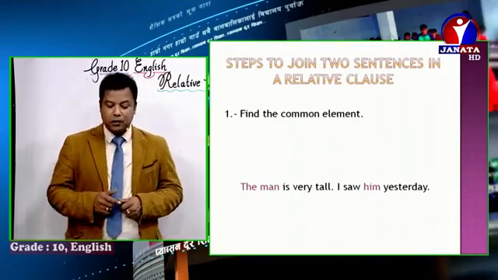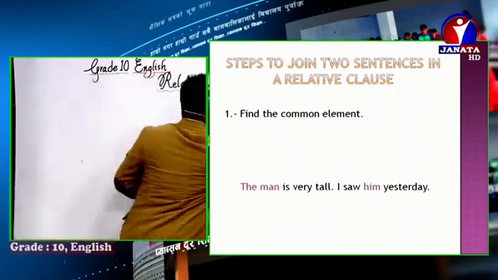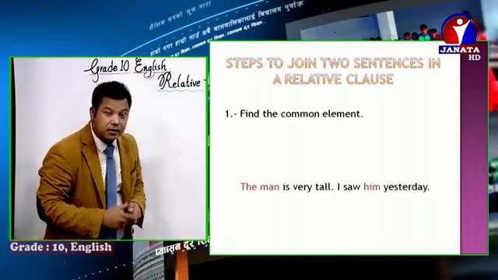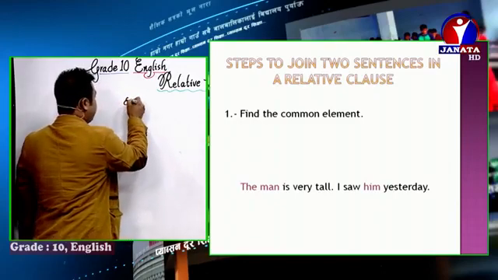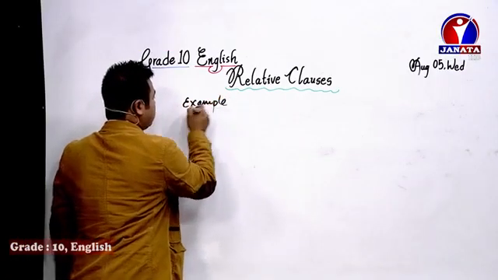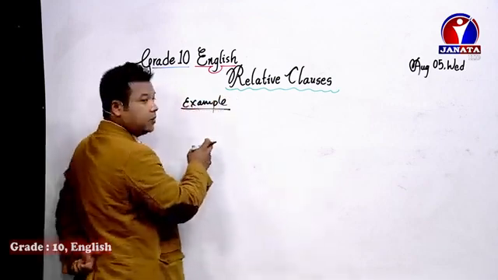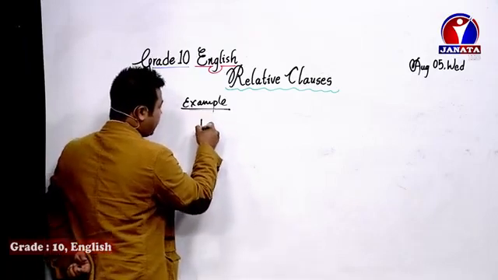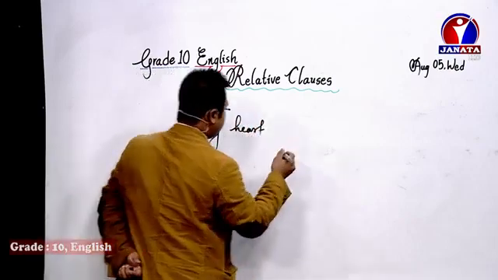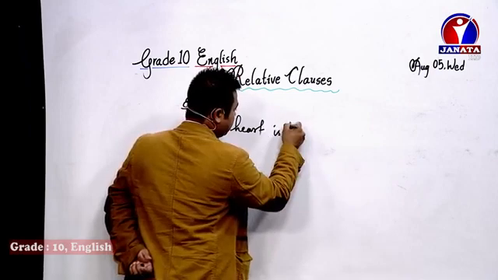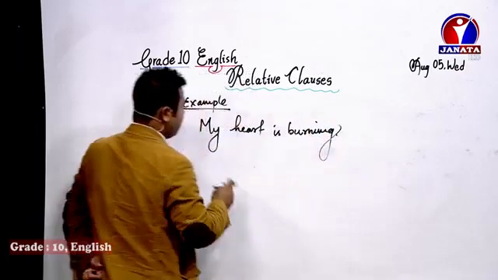Now here are steps to join two sentences in a relative clause. But before we take these steps, I would like to show you some elements which are essential in understanding clauses. So here we have one example. Only one example, and then we'll go with the slide. See, I write two individual sentences here. The first sentence that I write is, my heart is burning.